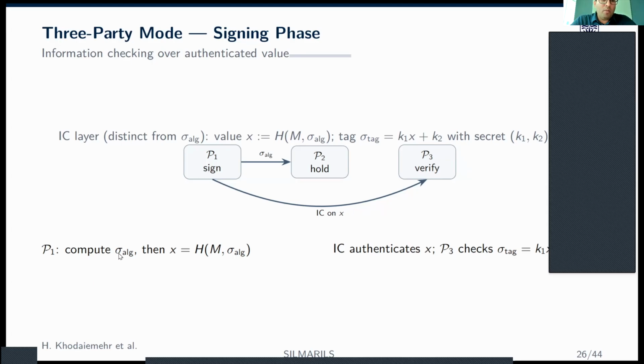So if P1 computes sigma alg, then it computes X, and using the information checking protocol proposed by Maurer and Renner, it can authenticate X, and P3 can check the sigma tag is equal to K1X plus K2 by knowing the values of K1 and K2. So by receiving the value of X, it can easily check the equality of the provided tag with the tag that it can expect from P1. So this is the signing phase of the three-party mode.